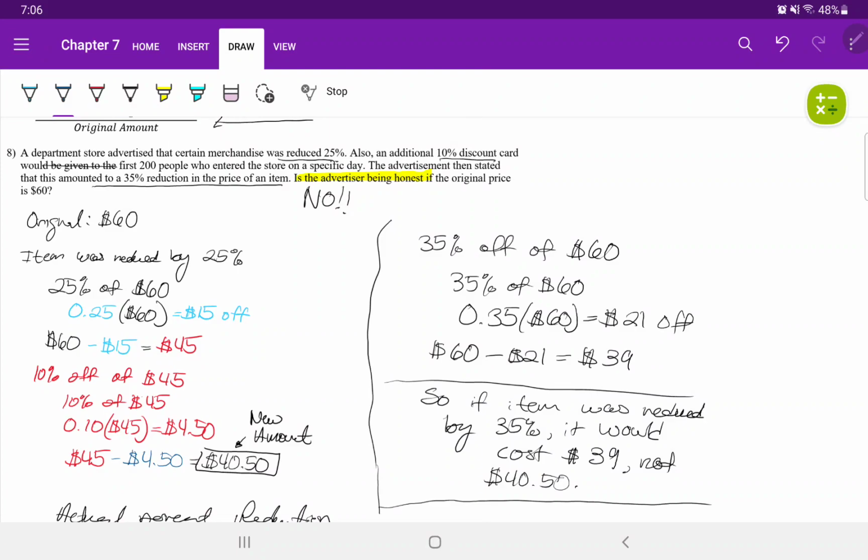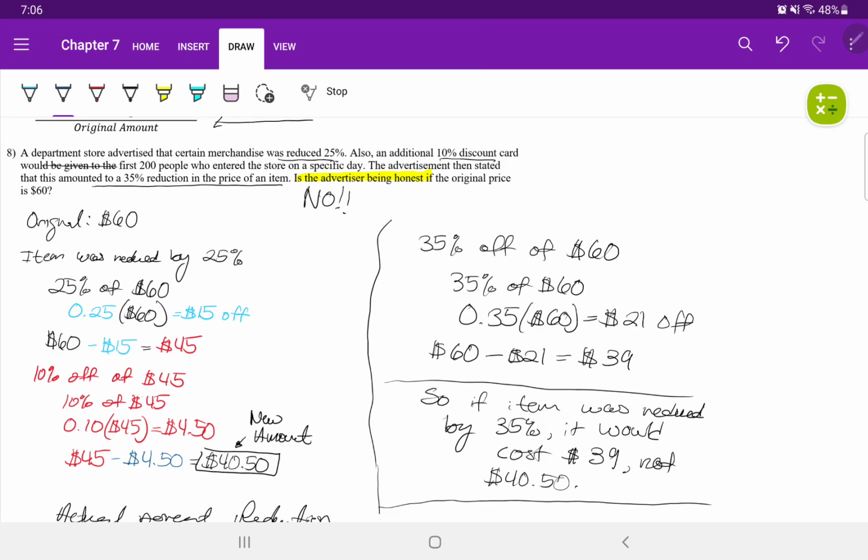The first discount was a 25% reduction. 25% off of $60 gave us $45. Then if we use the 10% discount card, we're taking 10% off of $45. When I take 10% off of $45, my total cost will be $40.50. That is the new amount that I'll be paying for the item.